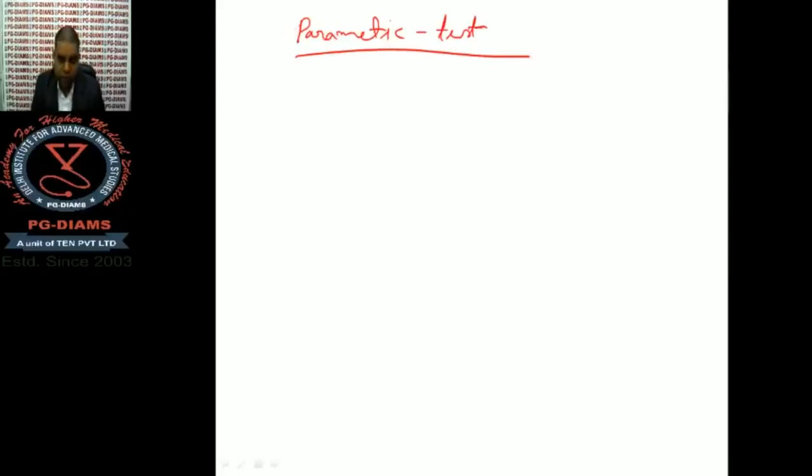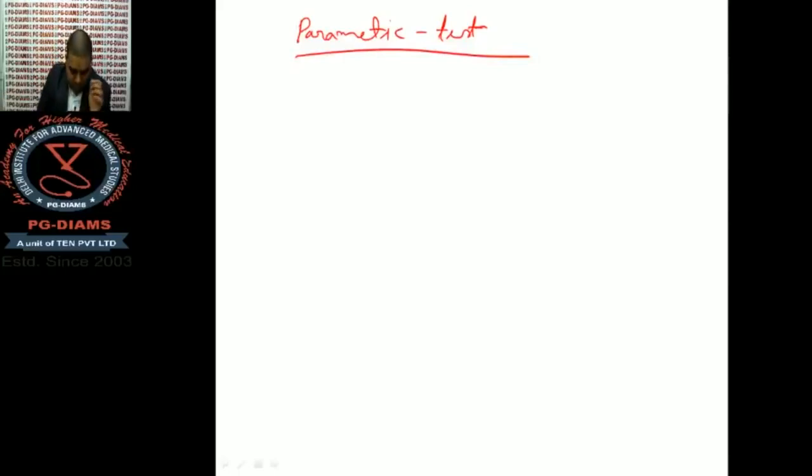Why? Because in parametric tests, you will have the t-test, student t-test and ANOVA. And they frequently ask what type of test you will apply when you have to find the difference between means, that is, how will you decide which test is to be applied in which situation.